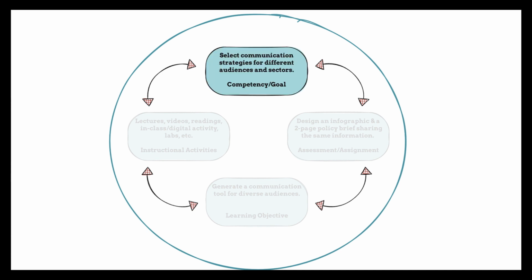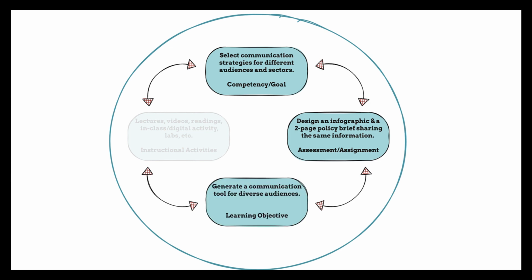As you can see, the competency, select communication strategies for different audience and sectors, aligns with the assignment where they're designing an infographic and a 2-page policy brief that can be measured by the learning objective, generate a communication tool for diverse audiences, and the learning and instructional activities can support the learning process. All of these are aligned to create a cohesive learning experience that you can measure to determine if your students have met the goals and the learning objectives that you have set.